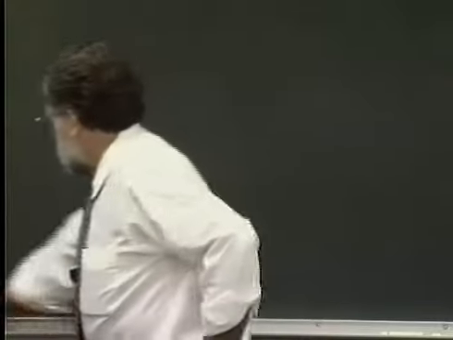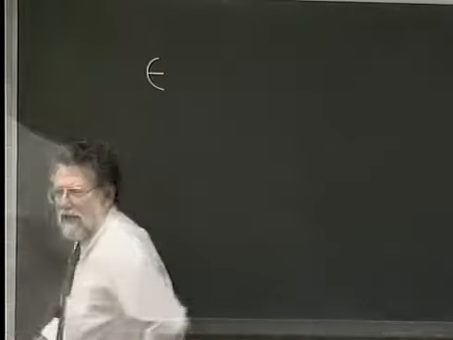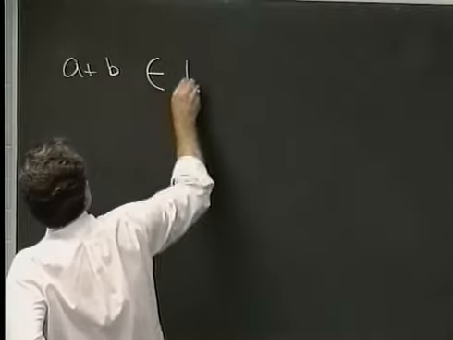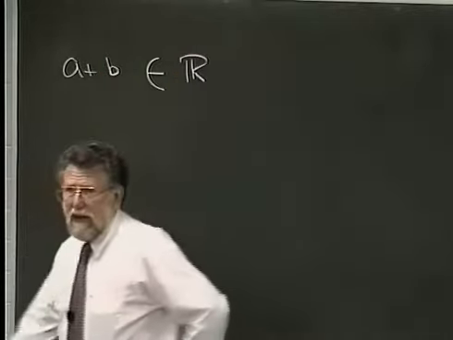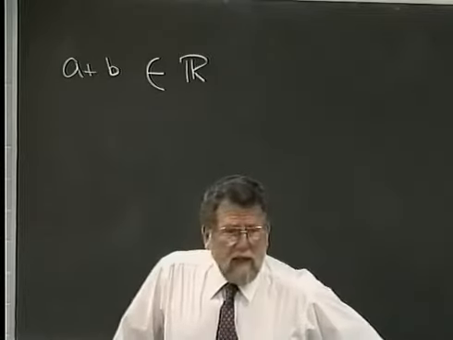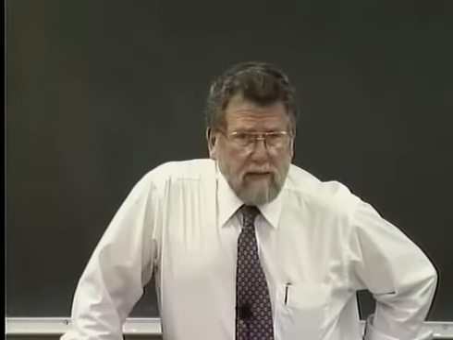You think of it as a C with a cross, and it looks a little bit like an E, but we would be saying A plus B is contained in R. That's our closure. That's closure for what? Addition.